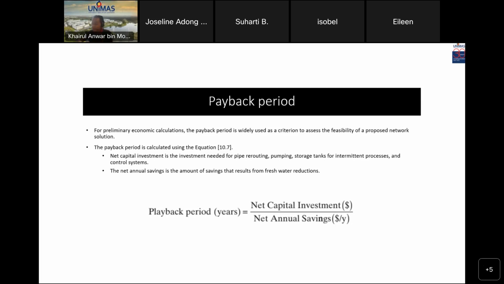For preliminary economic calculation, payback period is widely used as a criterion to assess the feasibility of a proposed network solution.